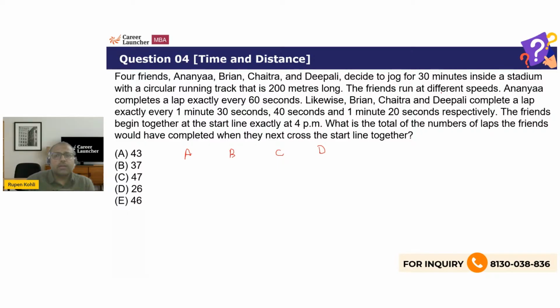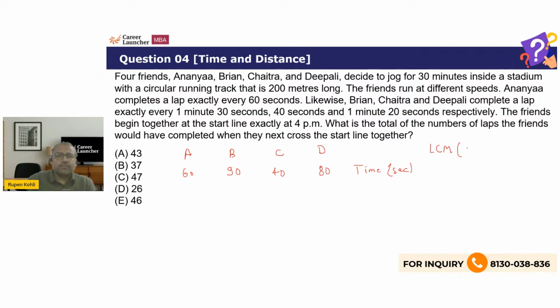A completes every 60 seconds. For B it is 1.5 minutes, means 1 minute 30 seconds, that is 90 seconds. For C, that is simply 40 seconds, and for D it is 1 minute 20 seconds, which is 60 plus 20, 80.